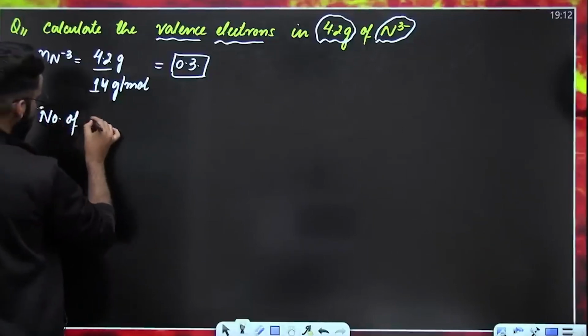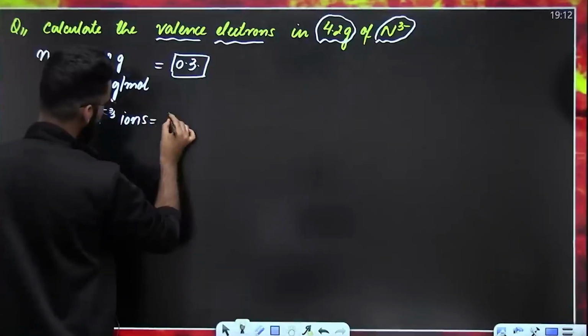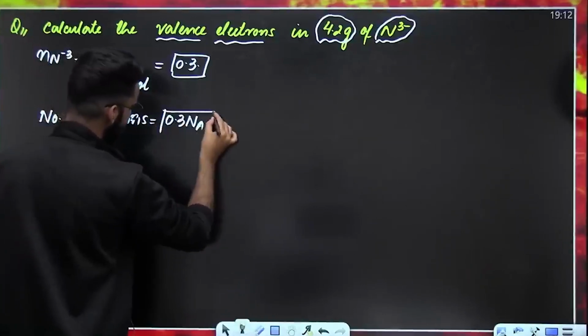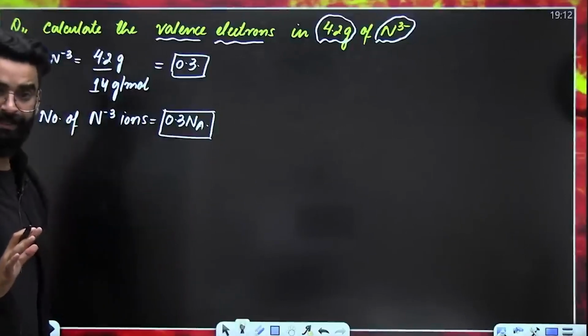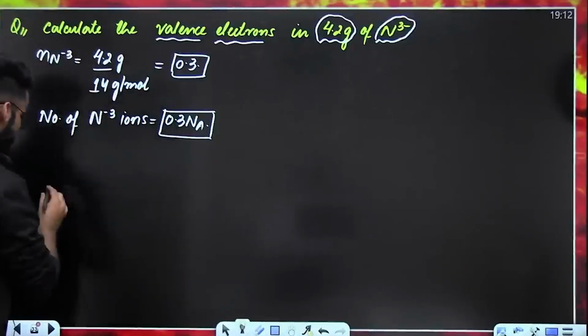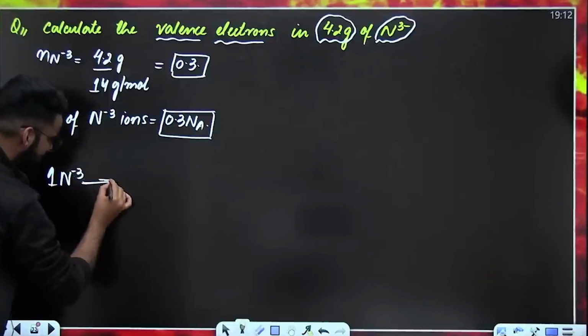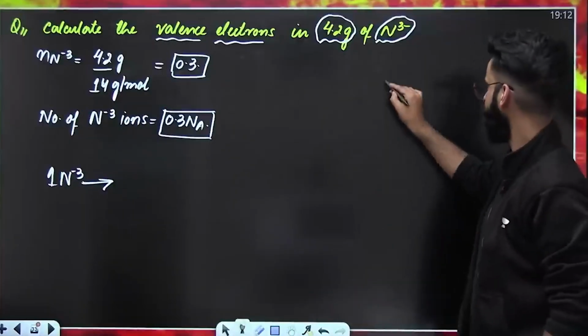So I can write the number of N tri-negative ions will be equal to 0.3 Na. So I got the ions. Now I'll check in one N tri-negative ion how many valence electrons are there.